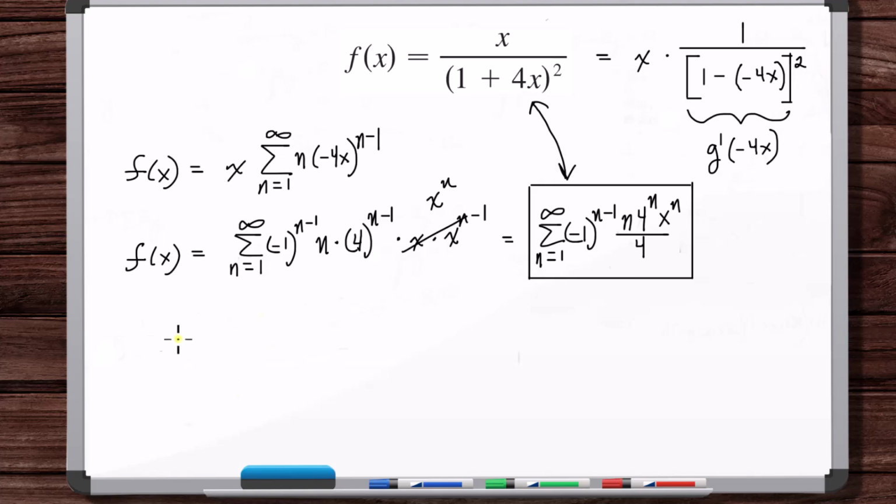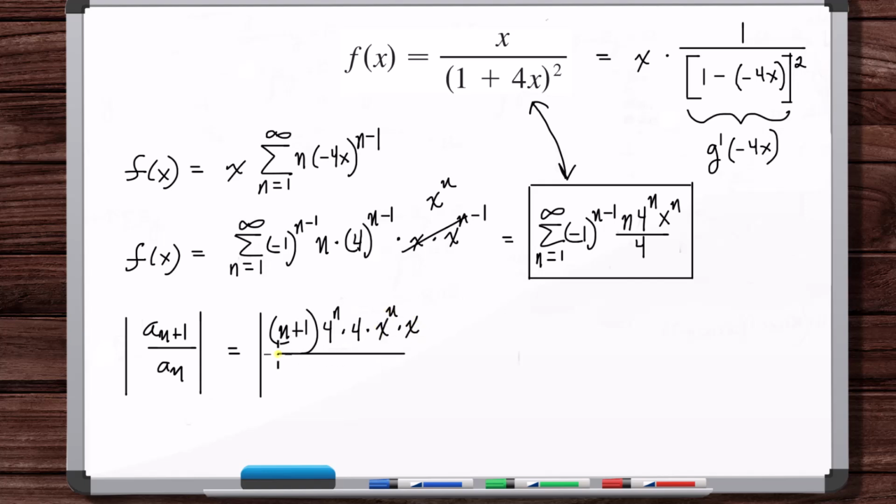We've got the absolute value, okay, so n plus 1, and then 4 to the n plus 1, and then x to the n plus 1. Okay, and then we've got n.